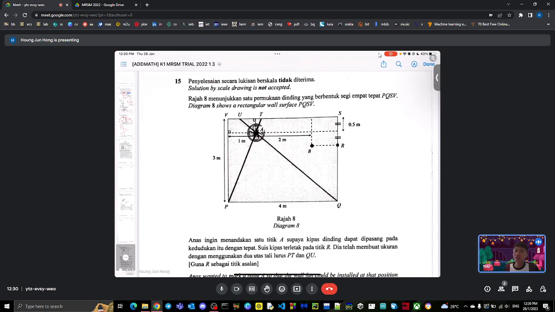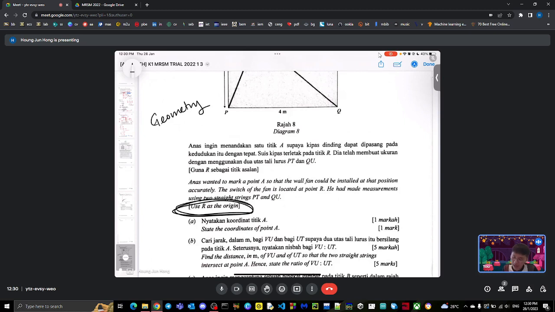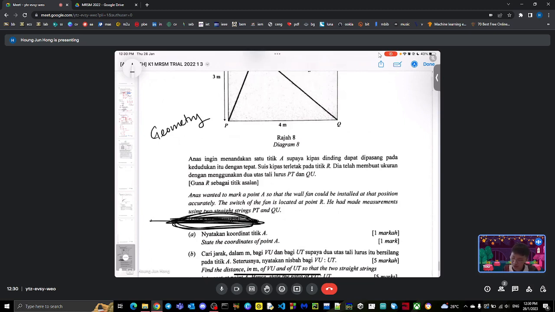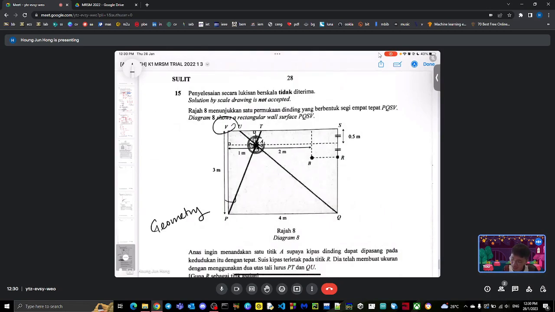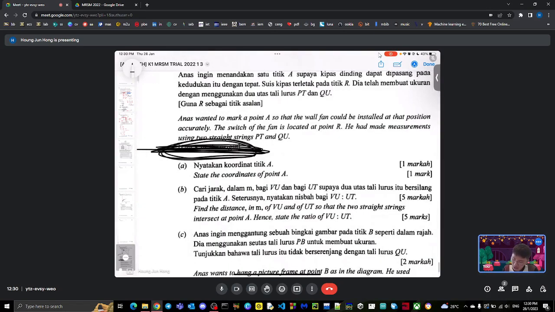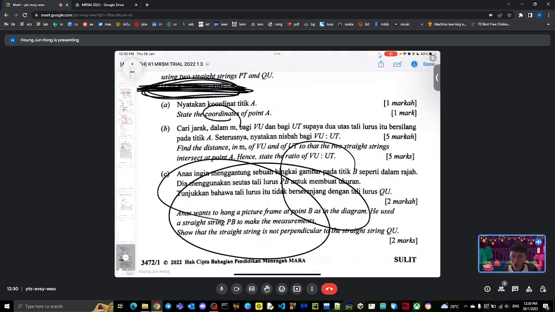So the thing about this question is that it's actually asking about geometry, and it gives you a hint that R is the origin. Even if this were not given, you should know that whenever you see something this complicated, with a lot of straight lines and coordinates, and it asks you to find the coordinate or the intersection, this should hint that the question is about geometry.